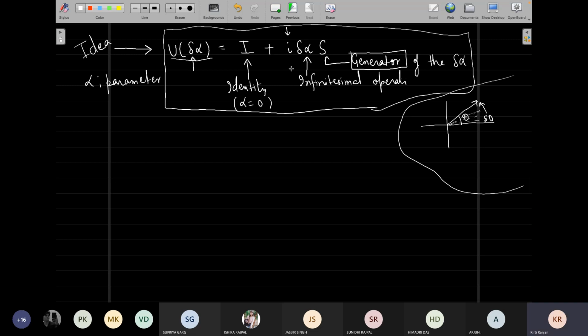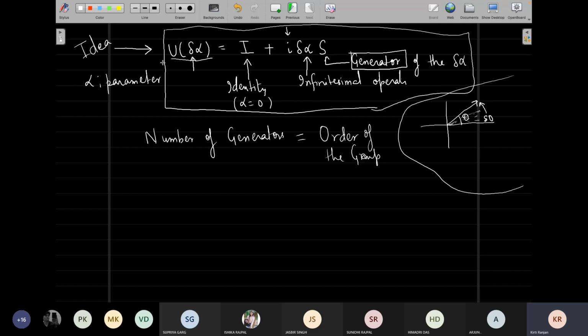That means in the case of SO(2), which is the rotation matrix, there exists some generator of this infinitesimal rotation. And hence you will see that the number of generators which you will get in any Lie group will be equal to the order of the group. So if there are three angles, then there will be three generators. If there is one angle, then there is one generator.